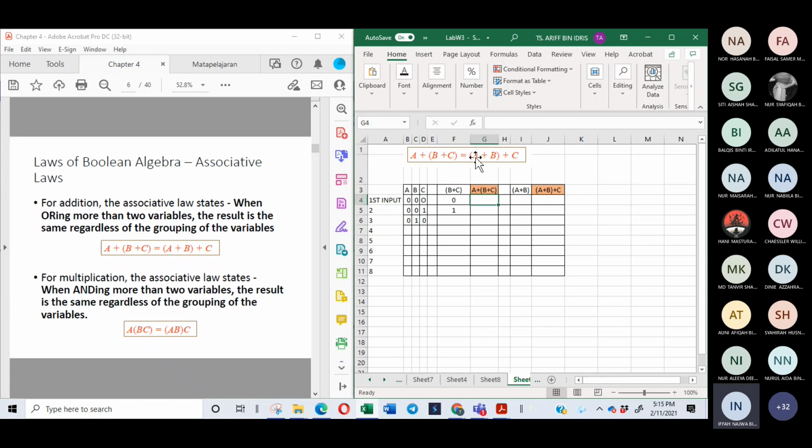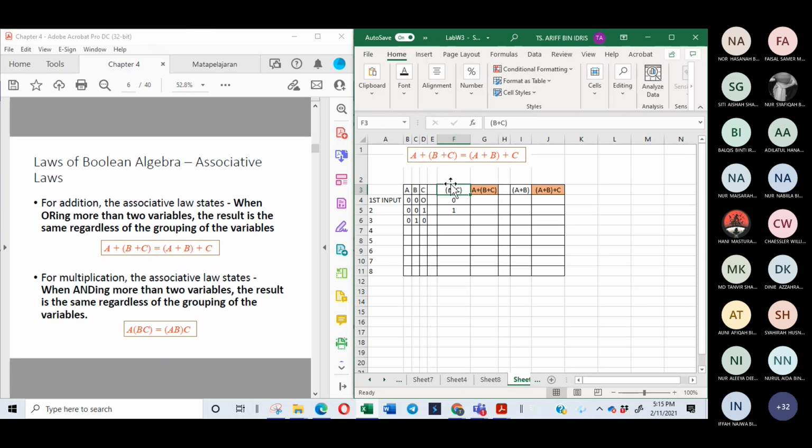Is it all addition or do you need to do the bracket first? You need to do the bracket first, right? Am I right? Yes. So you figure out the B plus C first, and then you do the addition.